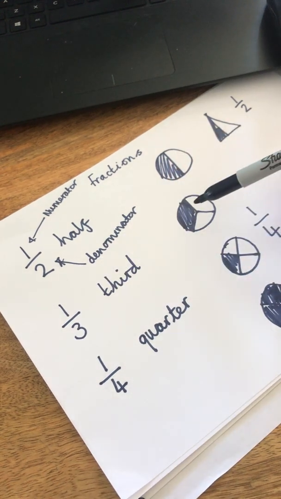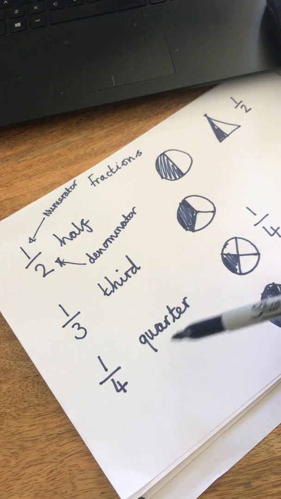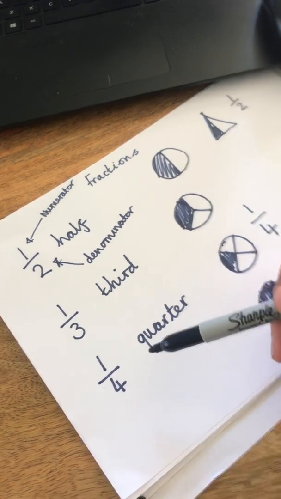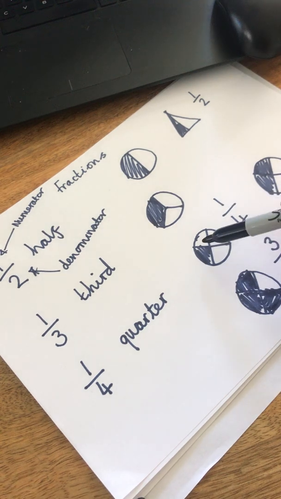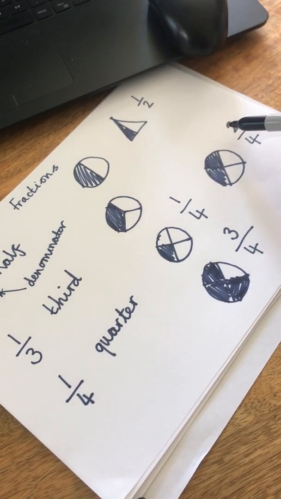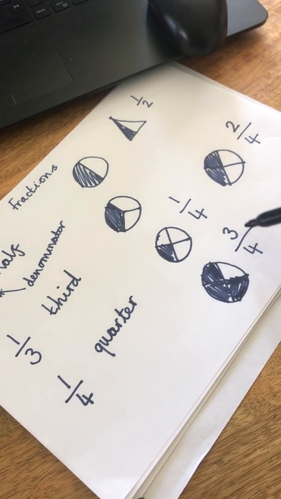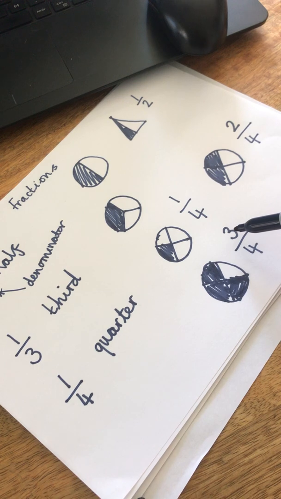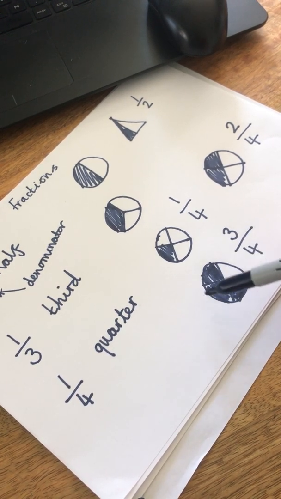There's one part that has been shaded in, but there are three parts of the whole. And this fraction here is called a quarter. One part has been coloured in, but there are four parts of the whole. 2 quarters, because 2 parts have been shaded in, 4 parts of the whole. And this one, 3 quarters. 3 parts have been shaded in, but there are 4 parts altogether.